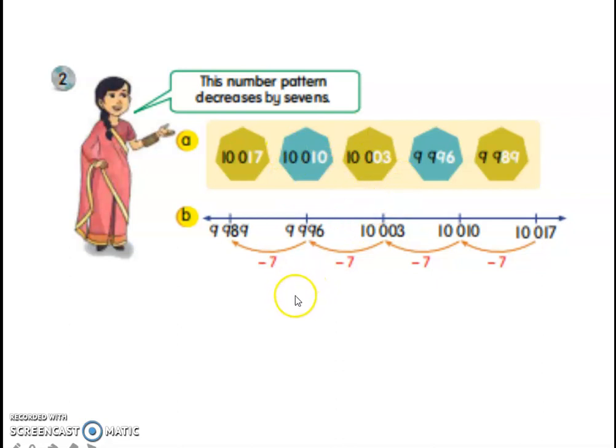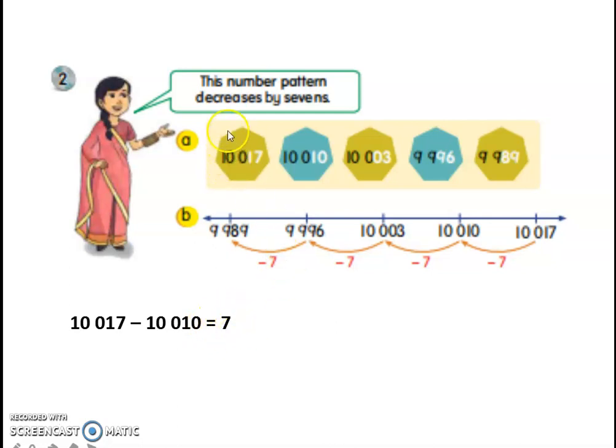So we also use the minus method, subtraction. We use the bigger number to minus the smaller number. 10,017 minus 10,010, the answer is 7.